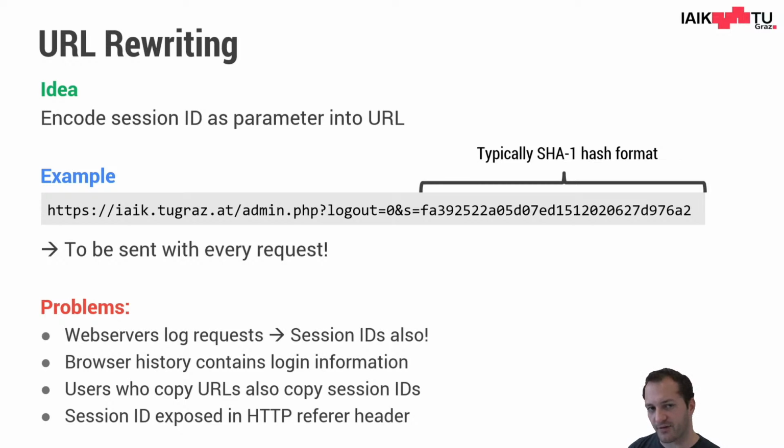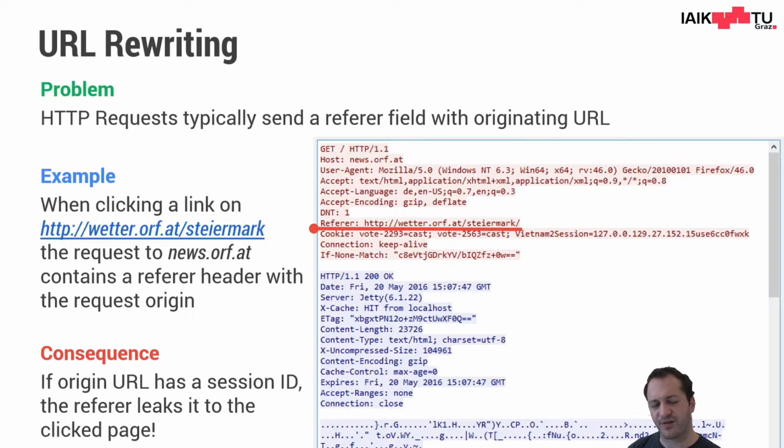And last but not least, the session ID is also exposed in the HTTP referrer header. What is the referrer header? You've already heard about this in Con last year. The referrer header is an HTTP header that's always sent if you click on a link, for example, on a website. So for example, I'm on wetter.fat, want to check the weather forecast for tomorrow, and then I click on the main page to also read the news.